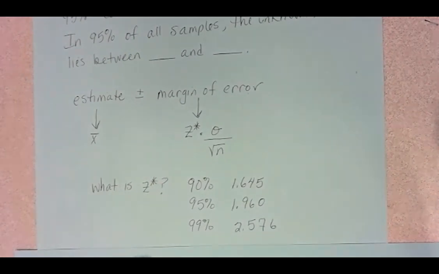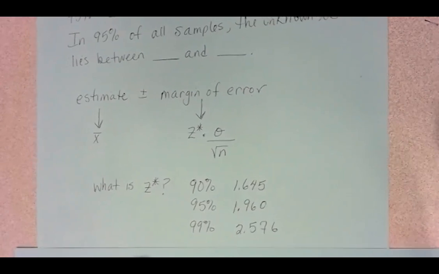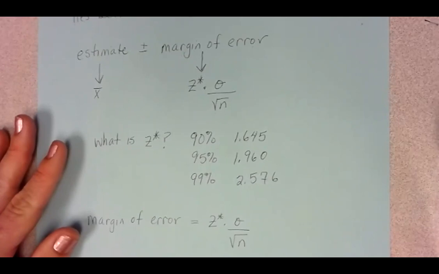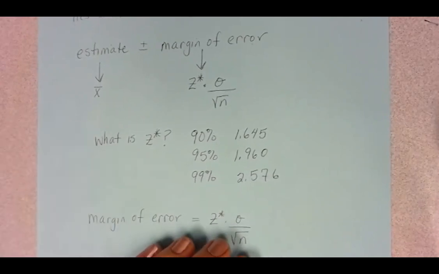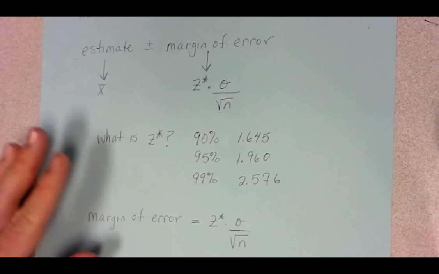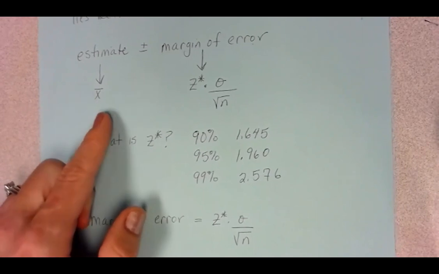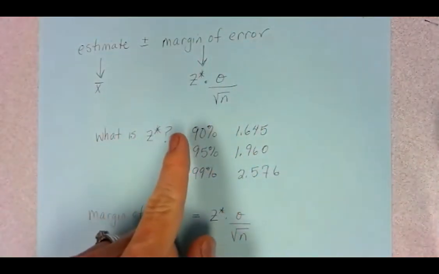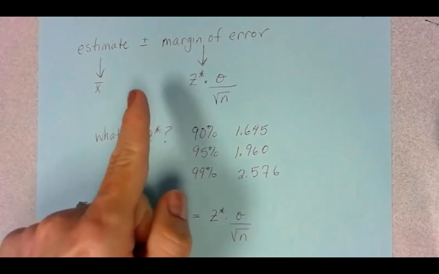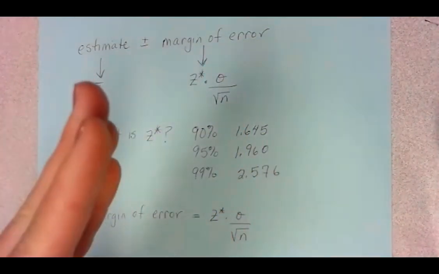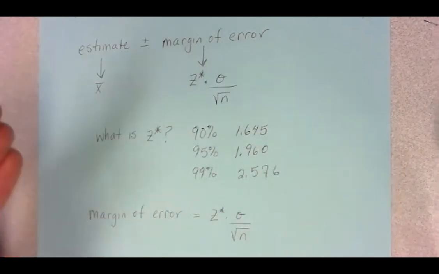So if I'm 90% confident, I'll use 1.645. 95% confident, 1.960. 99% confident, 2.576. So the margin of error is that piece of it. Now, some of you will try and do this by hand. That's fantastic. Okay, you do x bar plus that calculation, x bar minus that calculation, and you'll have your confidence interval.